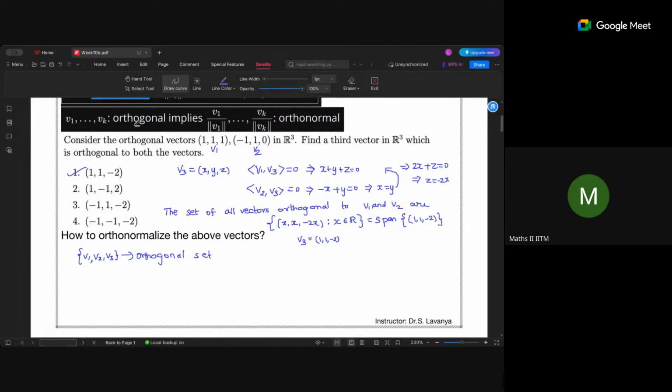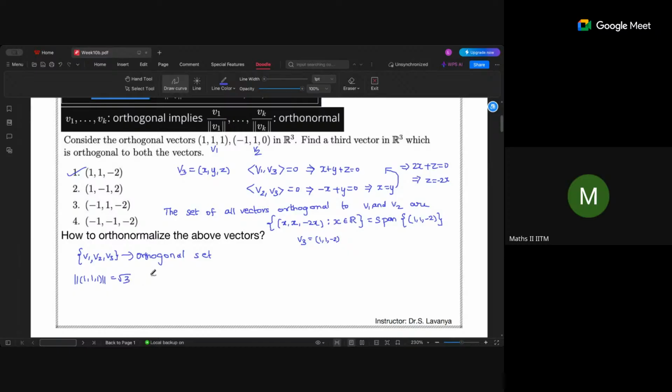If this is orthogonal, we know that if we divide by their norms, then it will become orthonormal. Okay. So what is the norm of this vector? Root 3.